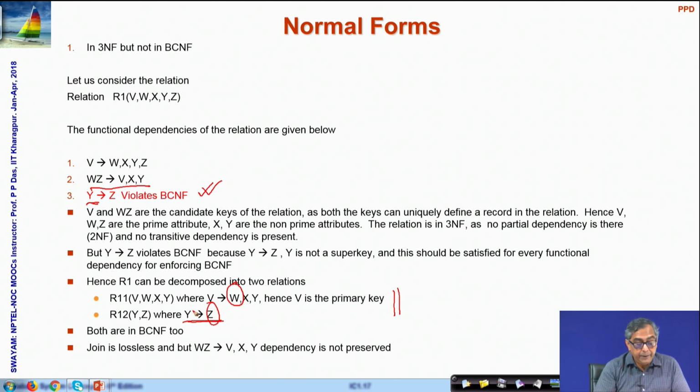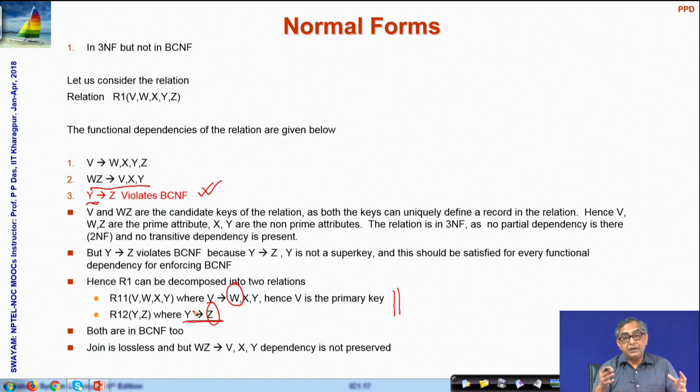So, there is no way that you can take W z pairs together and decide whether they uniquely still determine V x y. So, this decomposition clearly shows you how a BCNF decomposition could actually violate some functional dependency, while it keeps the join lossless.